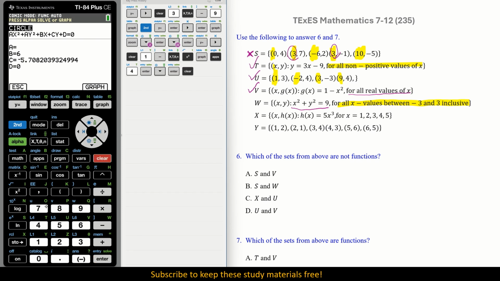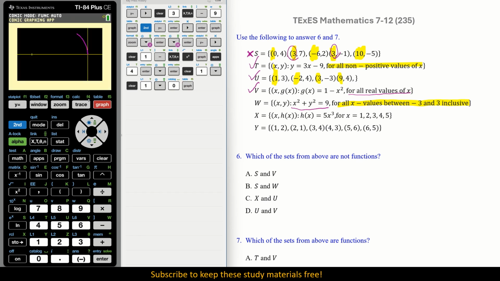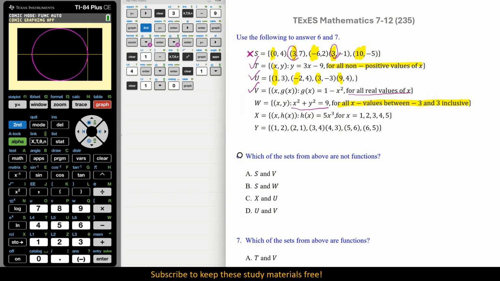So let's clear that out and put 1. Go down, clear that out, put 1. And C, that's going to be 0. And obviously D is also 0. But that's our circle. And if we use the vertical line test naturally, there's no way that that's a function. Okay, so that gets an X.